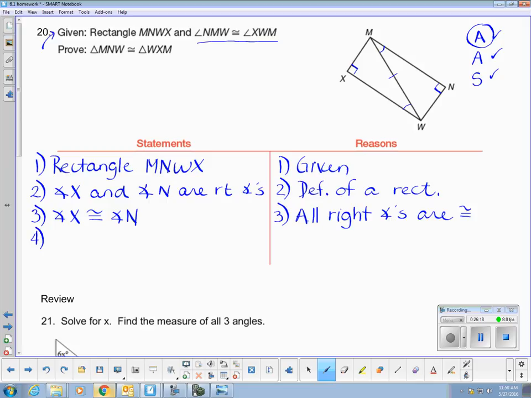The next pair of angles that are congruent were the angles that were given. So I have my second pair of angles.